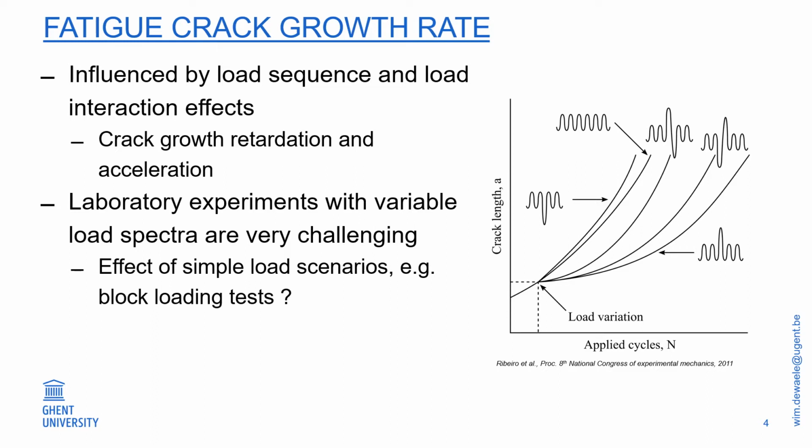On the figure, you can see that the crack length is expressed as a function of applied cycles. The second line is for a constant amplitude spectrum, but all spectra which have an overload present lead to a slower pace in crack length increase, or crack growth retardation. At the extreme right, you see that an underload can lead to crack growth acceleration.